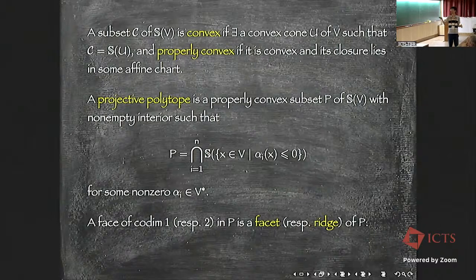That is my projective polytope. I should also mention, whenever I say facet, this is a face of codimension 1, and a ridge is a face of codimension 2. In dimension 3, the face will be the facet and the edge will be the ridge. Because I will also talk about higher dimensional polytopes, it's better to introduce some terminology.